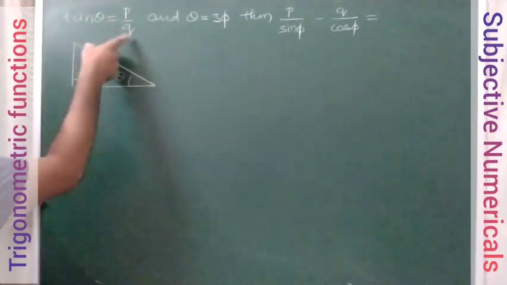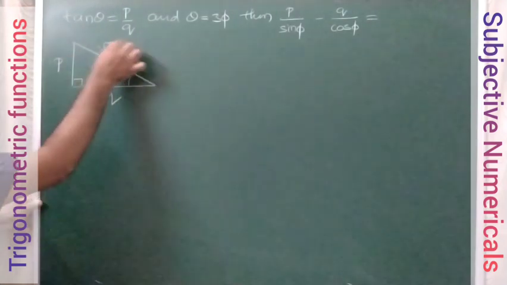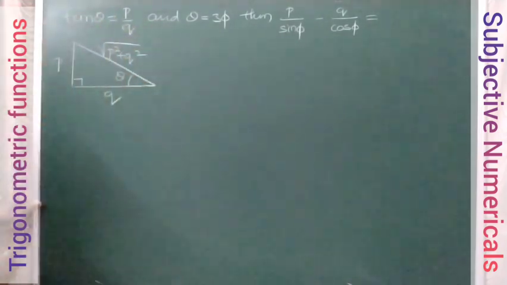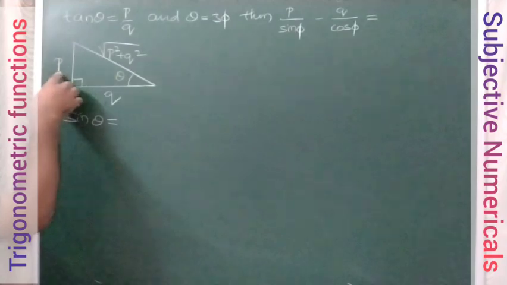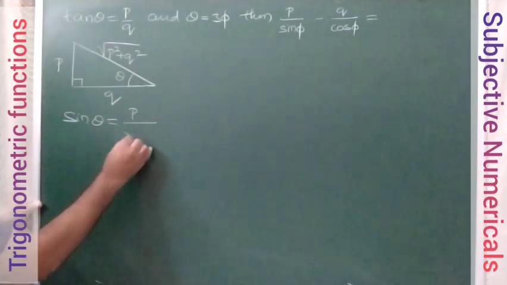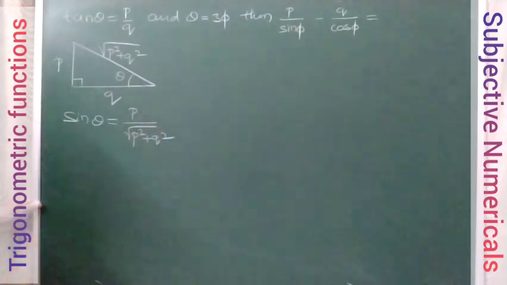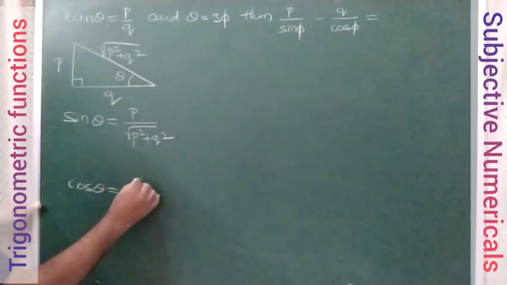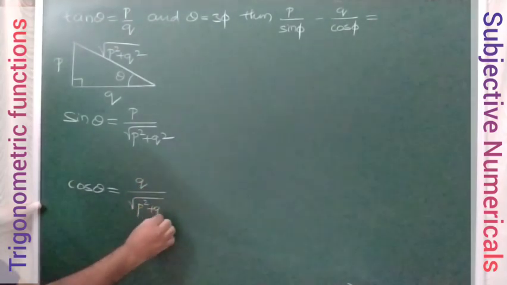Tan theta P by Q means opposite P adjacent Q. So hypotenuse is going to be under root P square plus Q square. So from this triangle, sin theta will be opposite by hypotenuse and cos theta will be adjacent Q by hypotenuse under root P square plus Q square.